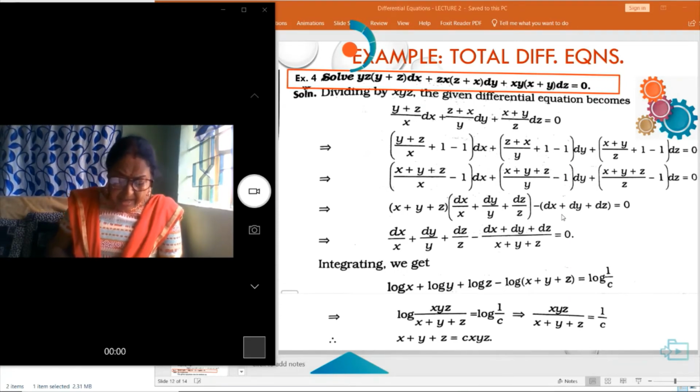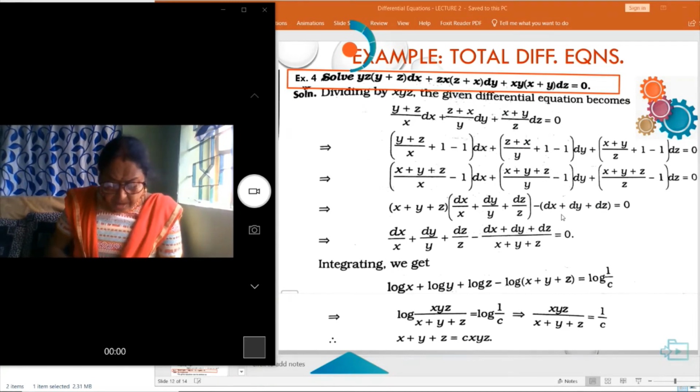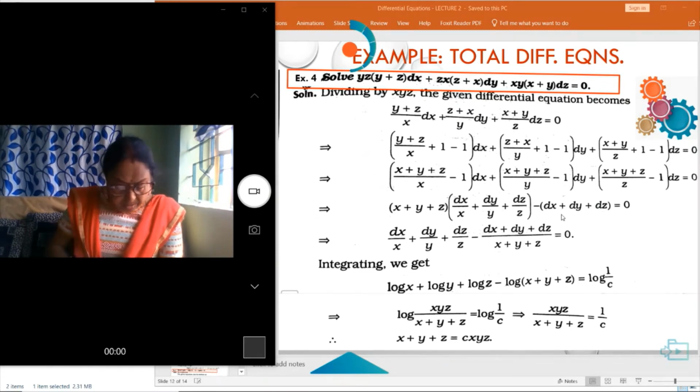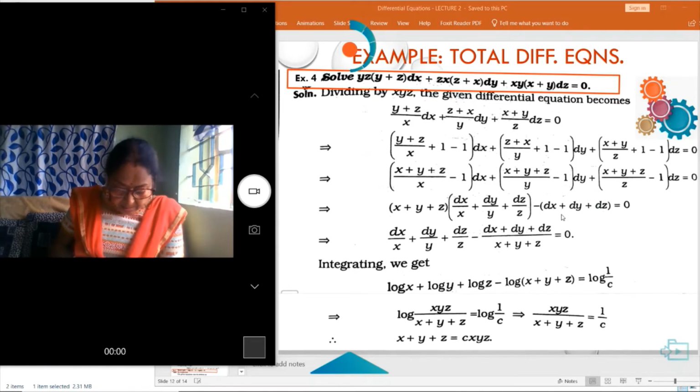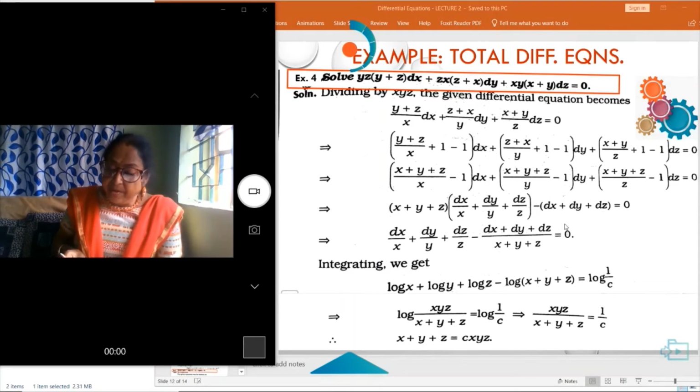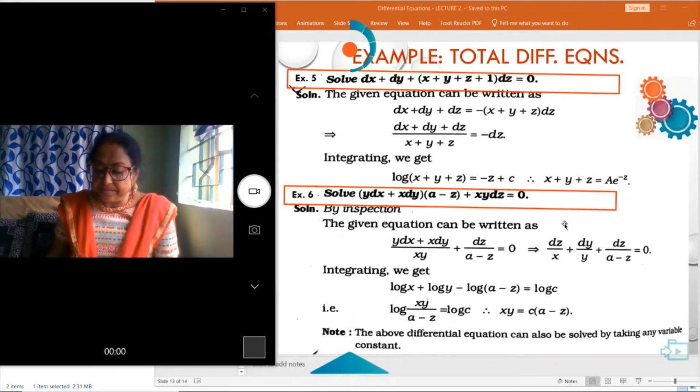So adding 1 and subtracting 1 in these cases, we can see whatever is on your screen. So ultimately we find dx by x plus dy by y plus dz by z is equal to dx plus dy plus dz divided by x plus y plus z is equal to 0. After integration, we get the result.